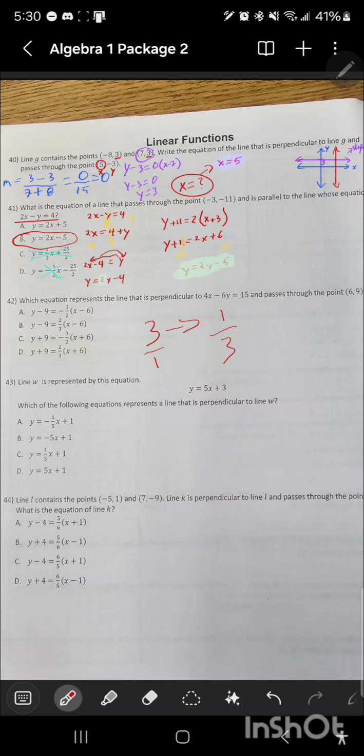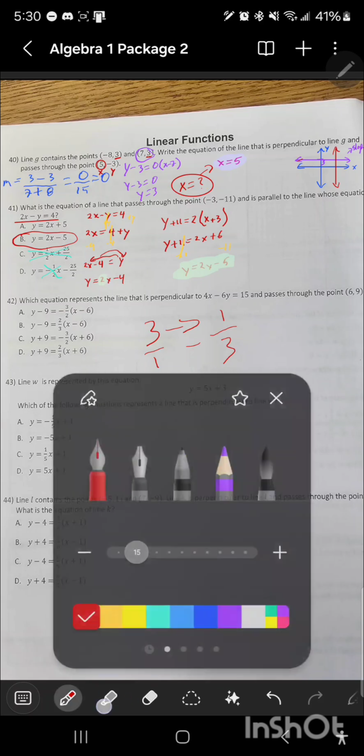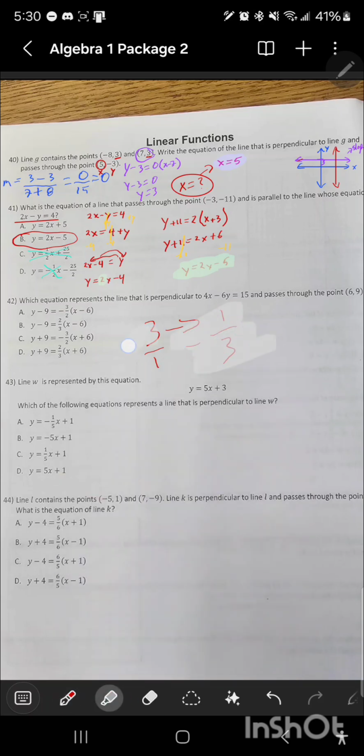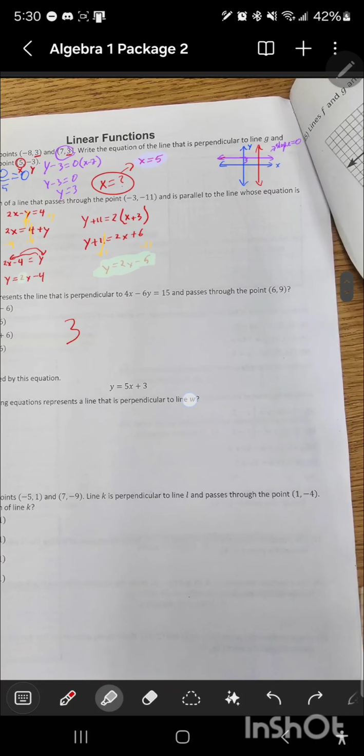As I was saying, this is 3 over 1, then its reciprocal will be 1 over 3. But since we need the opposite sign as well, this one is positive, so the other will be negative. These are the perpendicular lines. If it is parallel, the slope is going to be the same, so we don't bother about it.